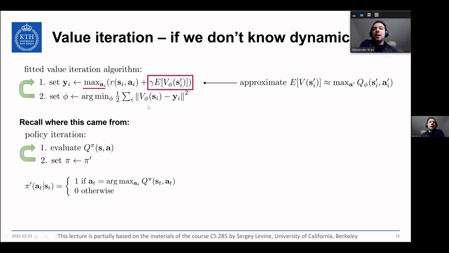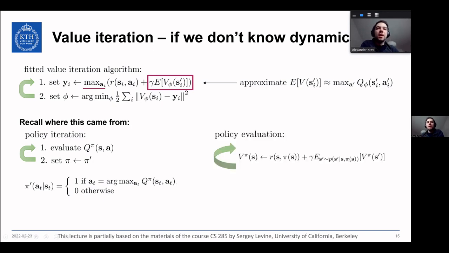Originally, it came from the simple policy iteration algorithm, where we talked about Q functions and evaluated Q functions by literally getting estimated rewards and taking the action that maximizes this reward. And then we did the policy evaluation update.